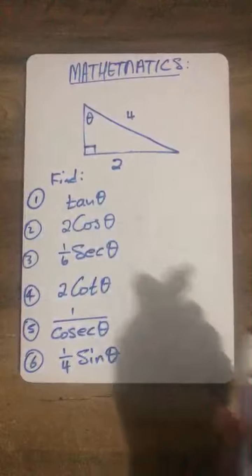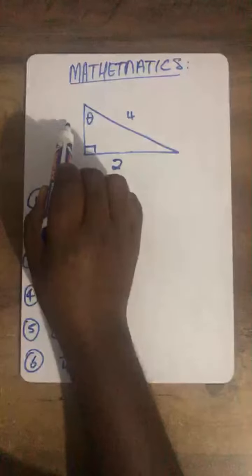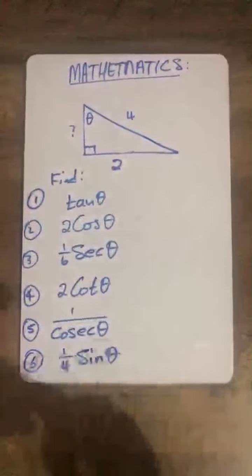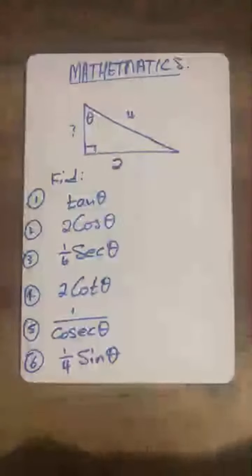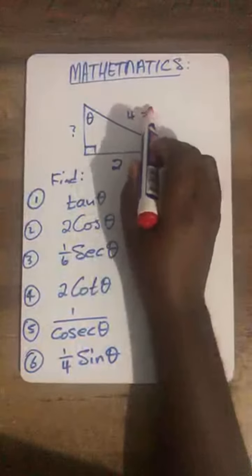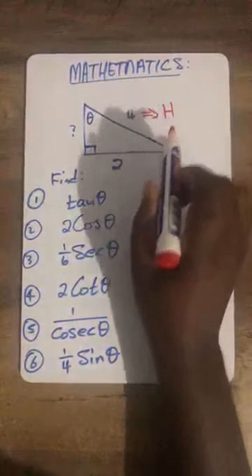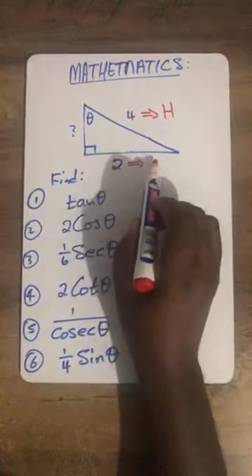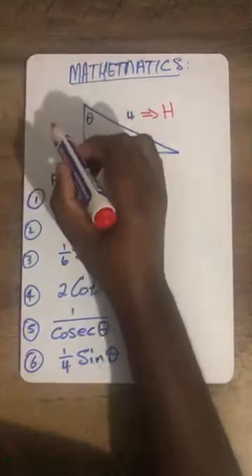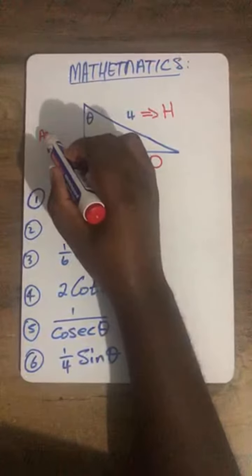The first one, you will definitely need to know what that side is. So that means in that case, you should know which side is which. One thing for sure, this one is our H. This one is our opposite. That automatically makes it the adjacent.